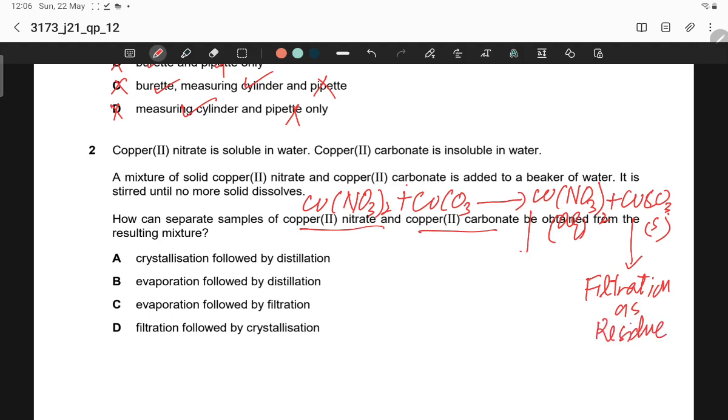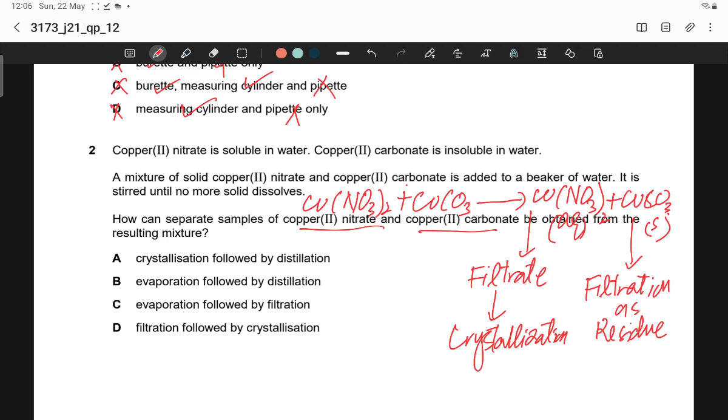Copper(II) nitrate is soluble, so it is obtained through crystallization because it is in the form of filtrate. So these two processes are used to separate the samples.